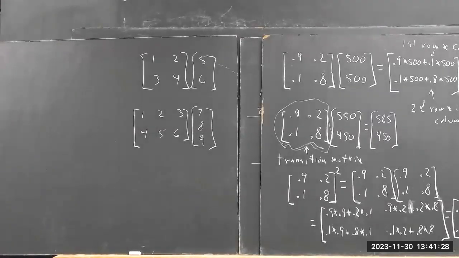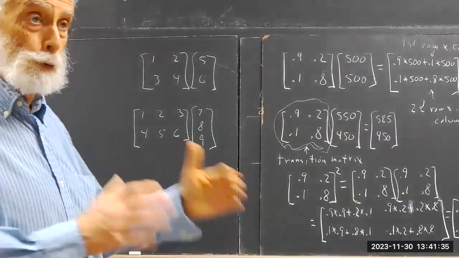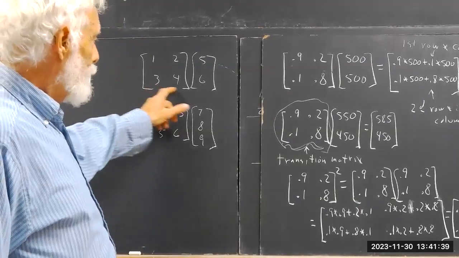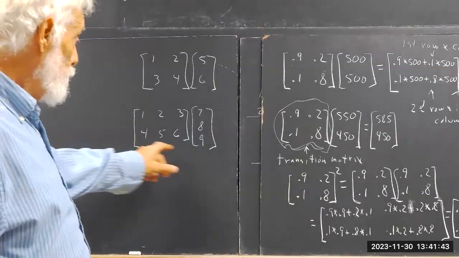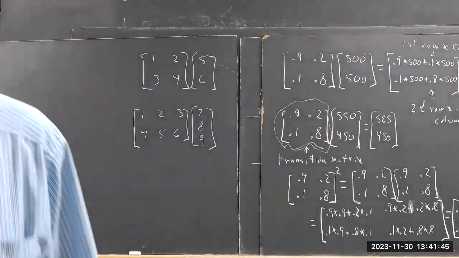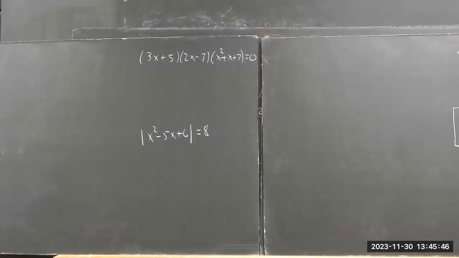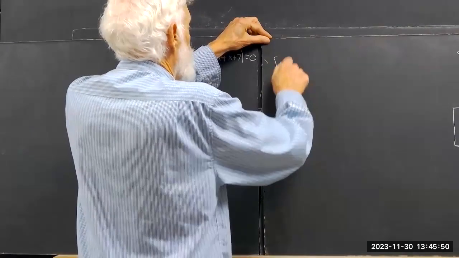You're just multiplying rows by columns. You multiply every row by every column and put it in the corresponding row and column. This is going to look a lot like this, just the numbers are going to be different. Let's see if you can figure out what this is going to look like. Okay, most people are doing just fine here. Let's go ahead and do it.